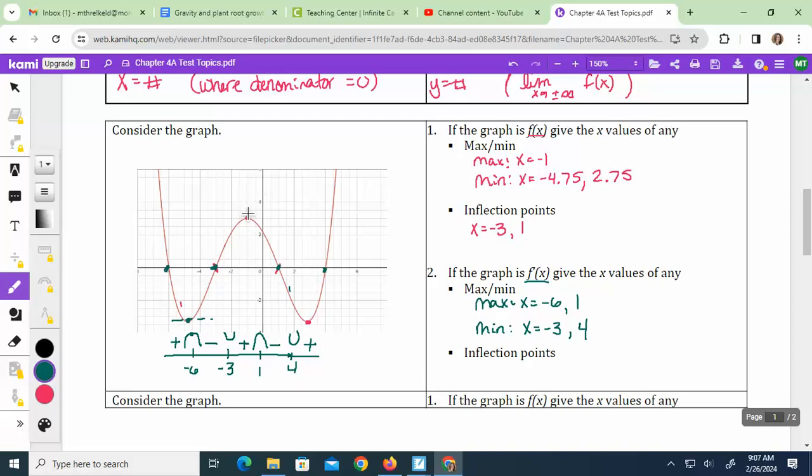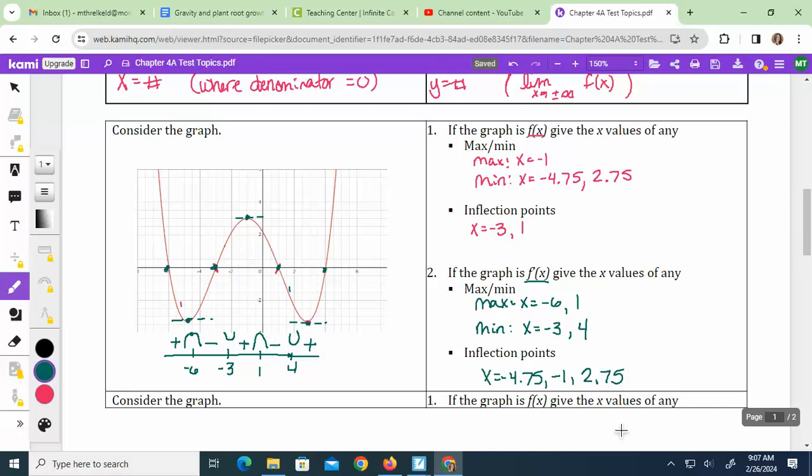Like right here and here we have horizontal tangent lines. So those maxes and mins of my first derivative will be when the second derivative is 0. So my inflection points are going to happen at, we said it was approximately -4.75, -1, and +2.75.